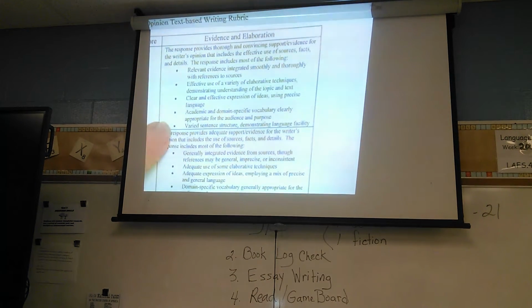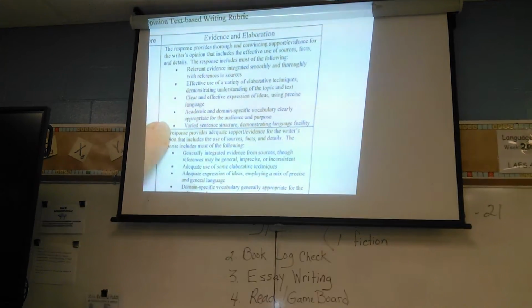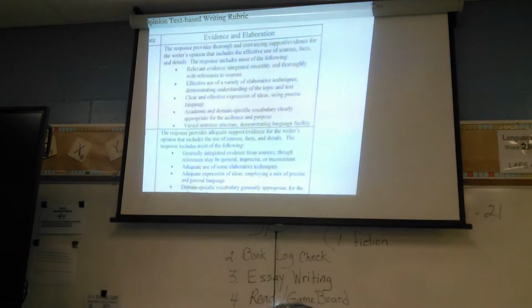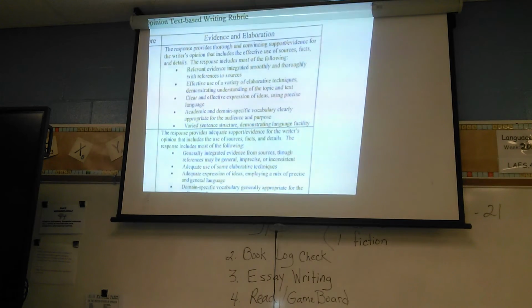And then finally, varied sentence structure, demonstrating language facility. That means your sentences are not all the same. Your sentences are varied. And I'll show you what that is because we actually have a chart for that in our green packet. So we'll be talking about that as well.